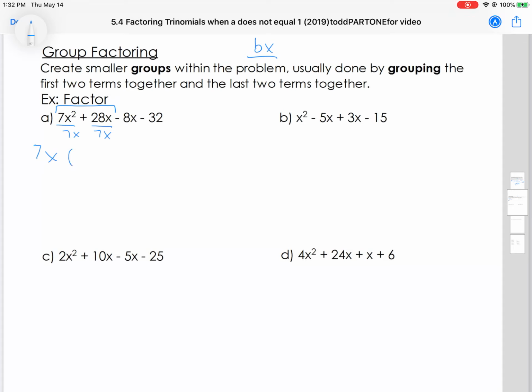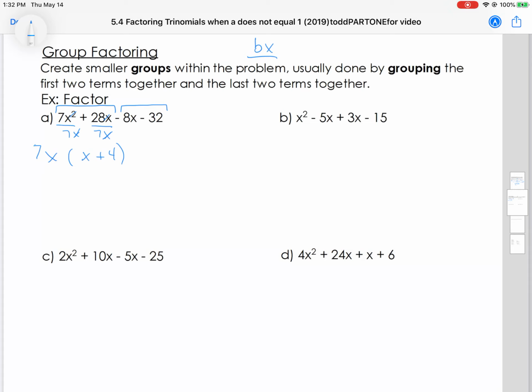So you're left with x plus 4. And then if you look at negative 8x and negative 32, you can't divide by 7x. So that's why you group the terms and then you are able to factor and get a common factor.